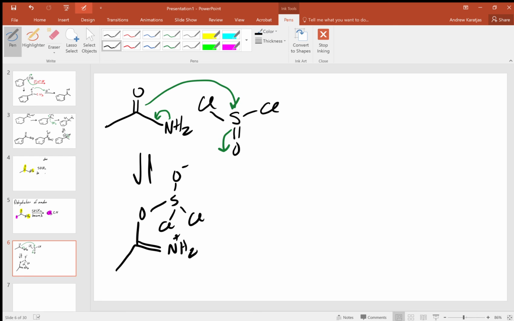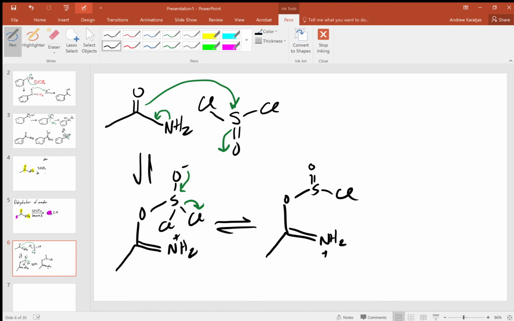Giving us this intermediate. And in this intermediate, the oxygen adds its electrons back in, kicks out a chlorine. And then that nitrogen can lose a proton.